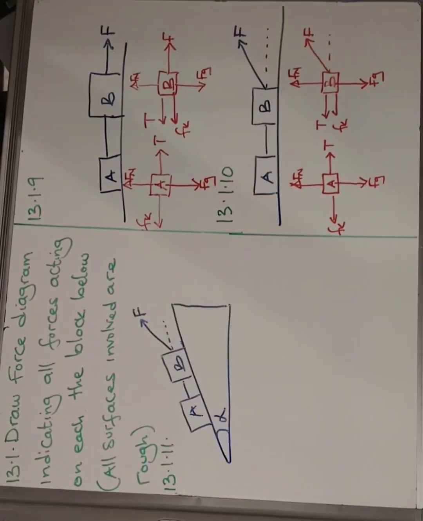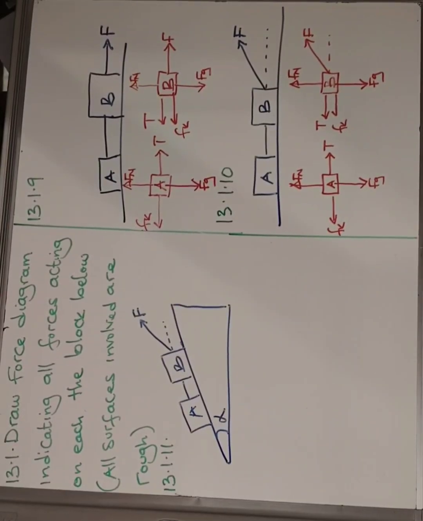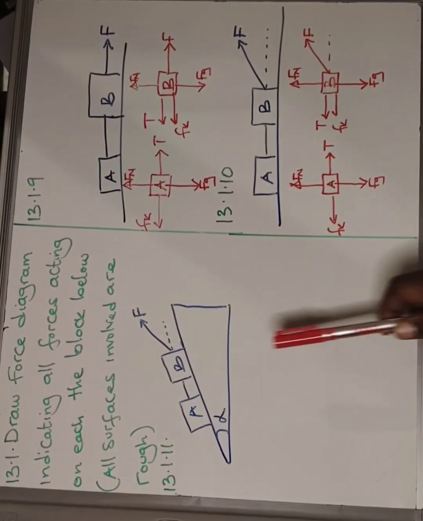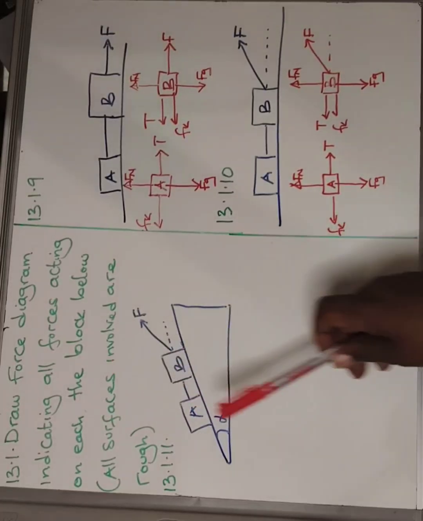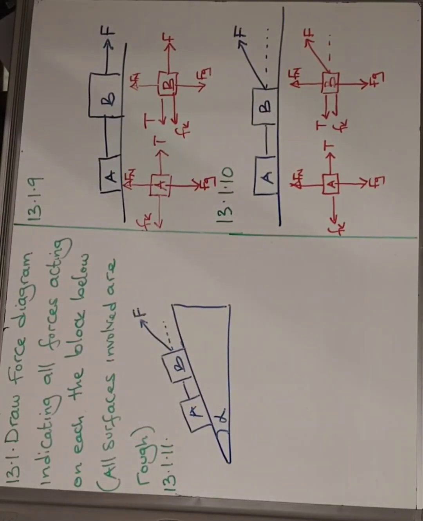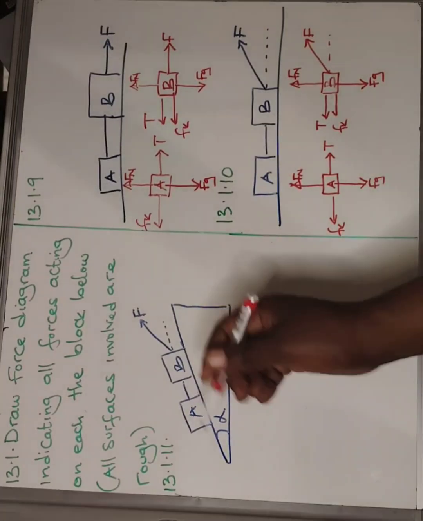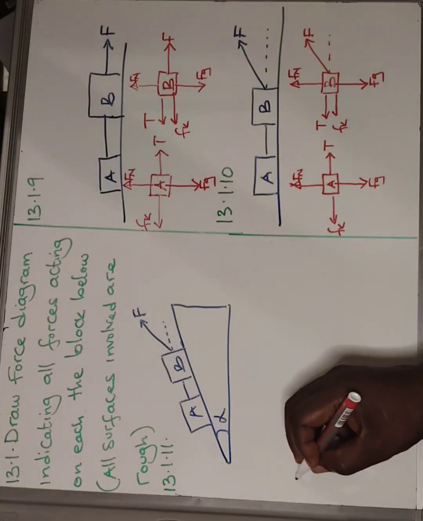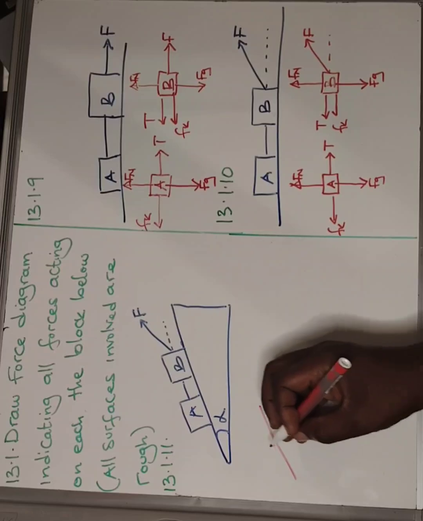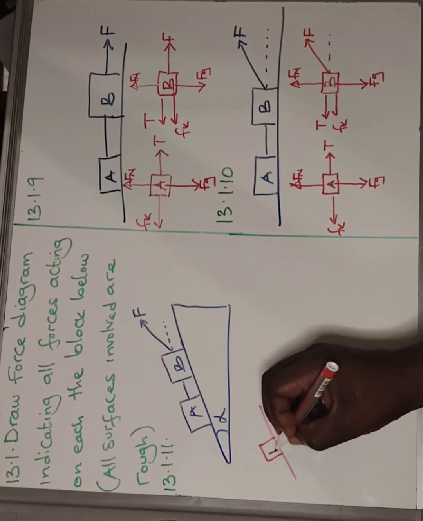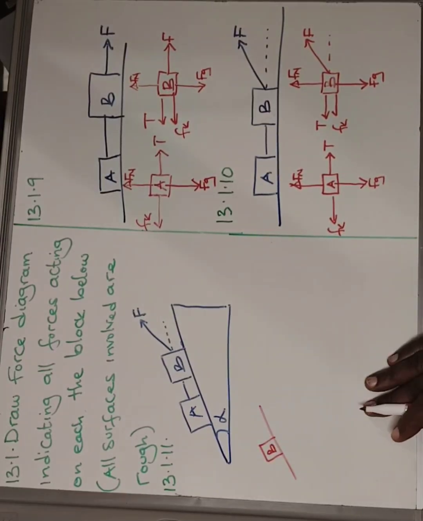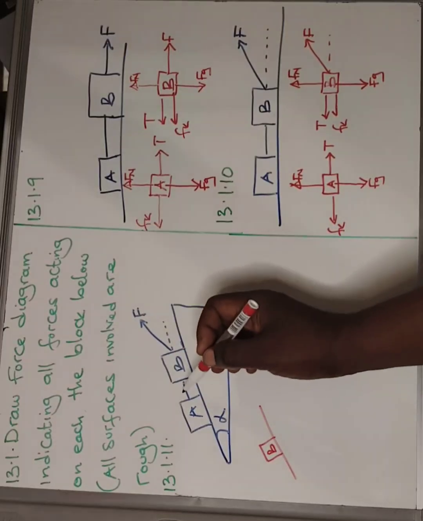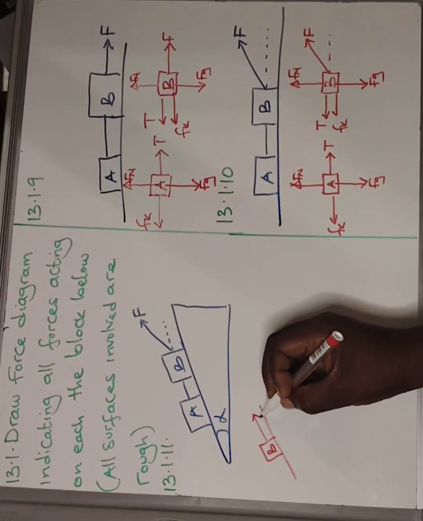So then comes this question, and what does it want? It wants the force diagram indicating all the forces which are acting on A and B. So let us look at A. What are the forces which are acting on A? The same usual ones. A is on an incline. There's a string which causes tension.